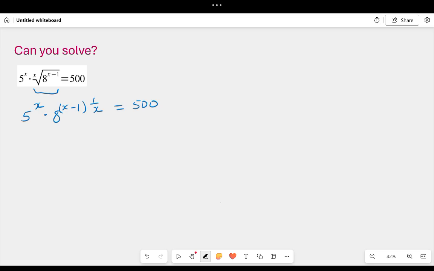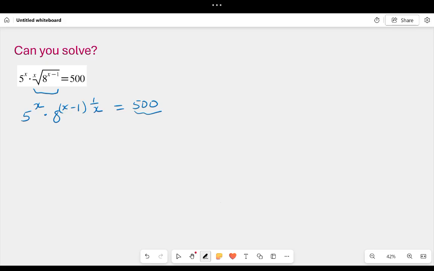Now, opening the brackets over here, maybe we can open the brackets later. We need to figure out about this 500. 500 can also be written in terms of fives.